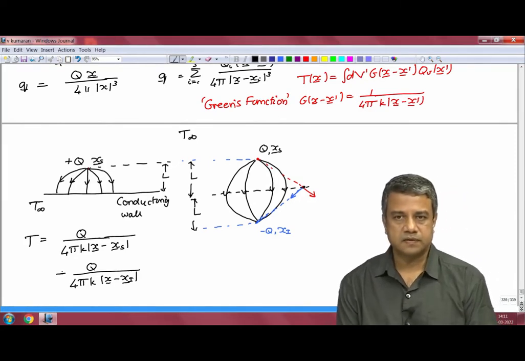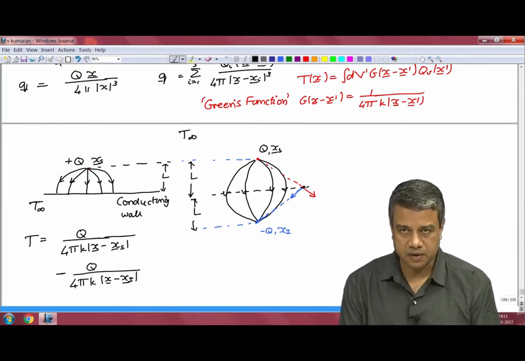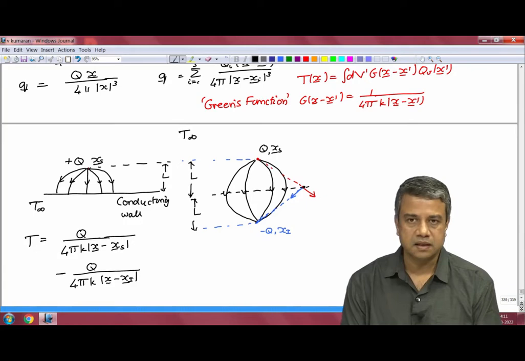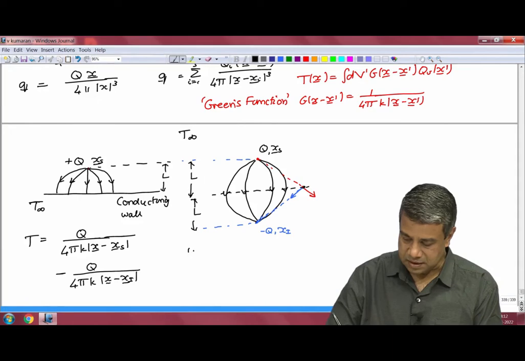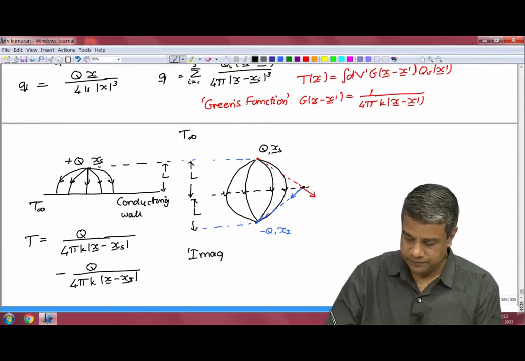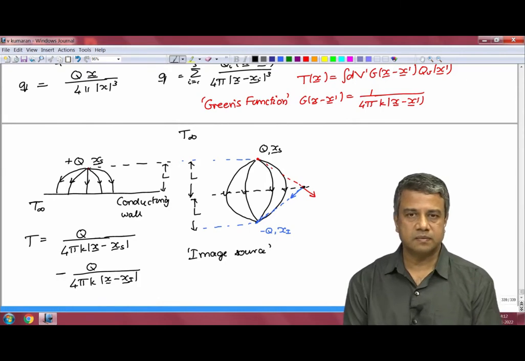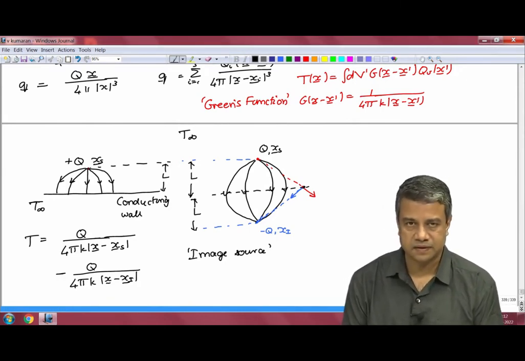This combination of source and sink will satisfy the correct boundary conditions at the conducting surface. So, by adding this image source, I can satisfy the boundary condition at the surface itself.